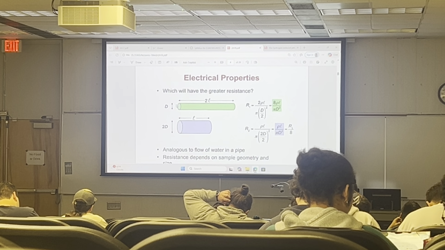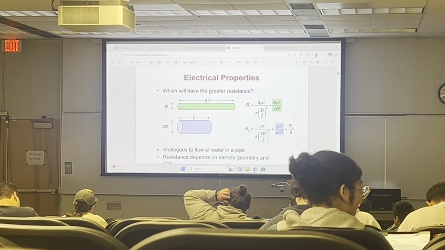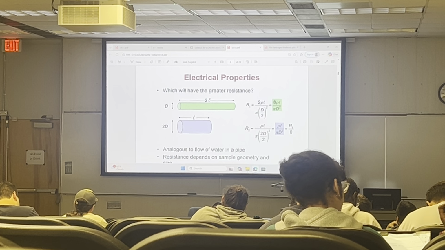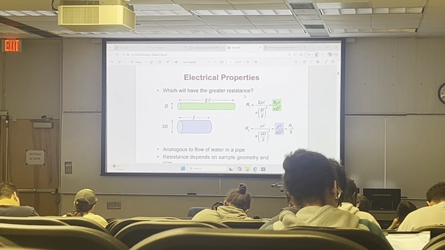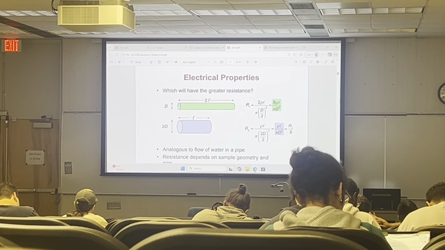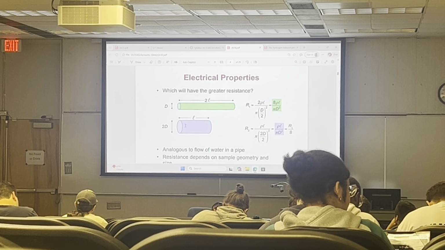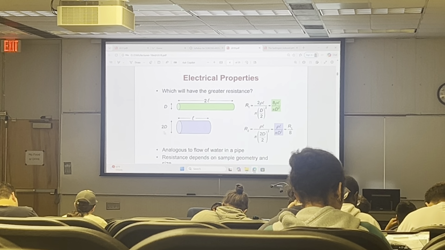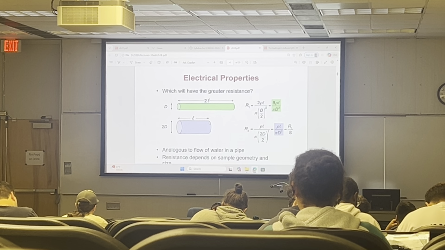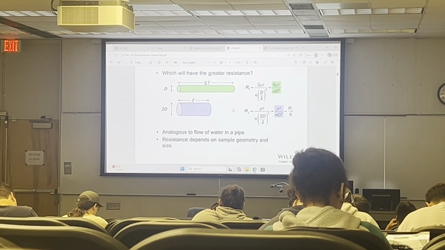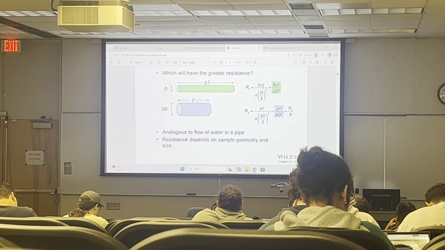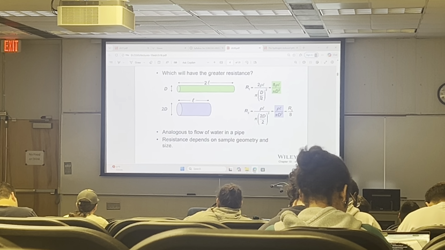Which one of these samples is going to have higher resistance? The wire that has diameter d and the length 2L, or the material that has the diameter 2d and the length L? So we plug this into the formula: 2 rho L over pi times d over 2 squared. This is the area, right?